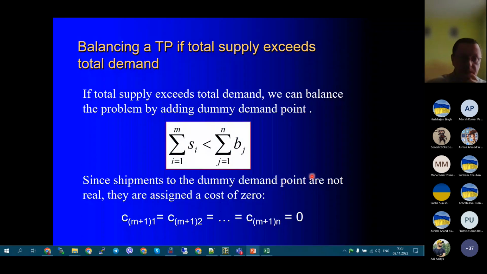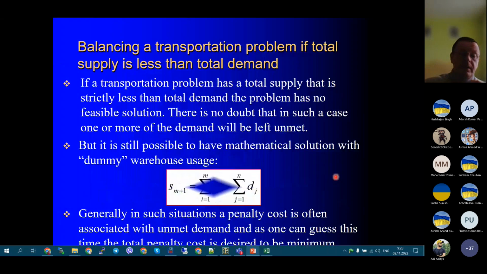In case of an unbalanced problem, for example if total supply exceeds total demand, we can add a dummy demand point, which will utilize the extra resources, of course with zero transportation cost, because nothing will actually be delivered. In contrast, if we have a lack of resources, that's a much more difficult situation in which to establish balance, and there is no clear solution.